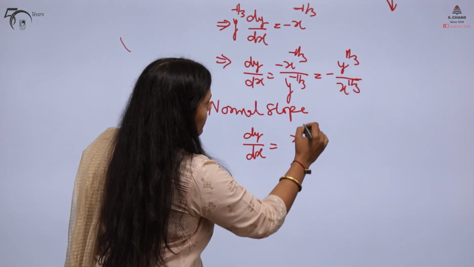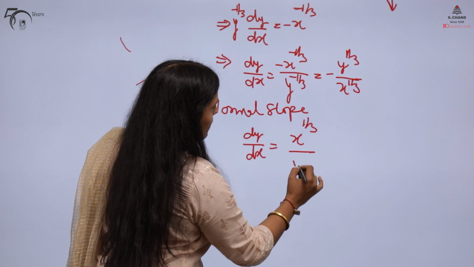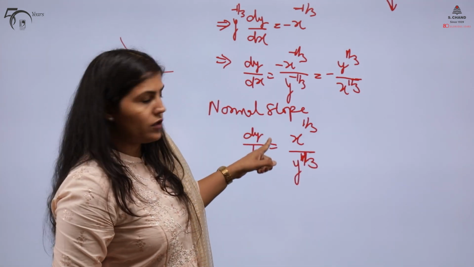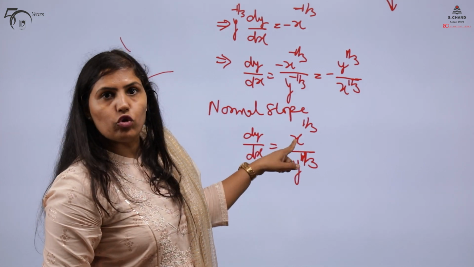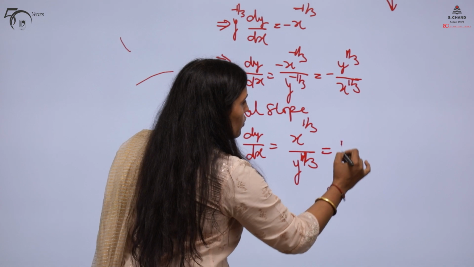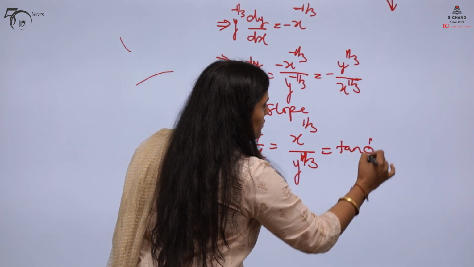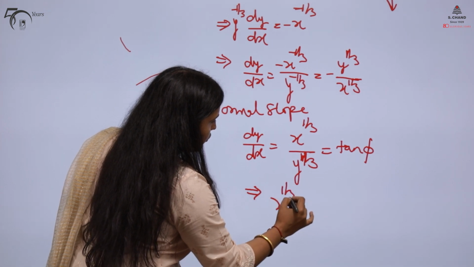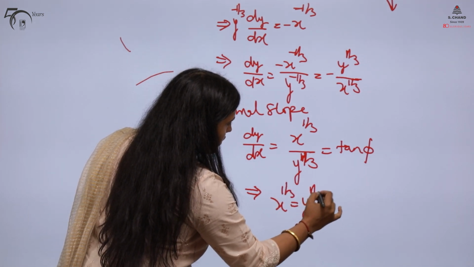So, the slope will be this, negative and reversed. The slope of this normal we already got, and this will be equal to tan phi, as this is the slope. This is anyhow a tricky question, see it carefully.